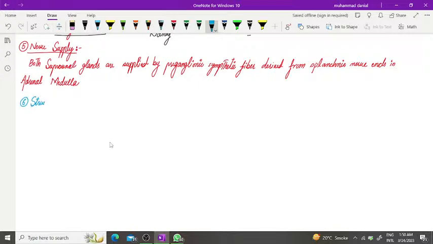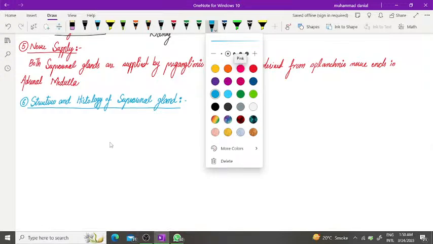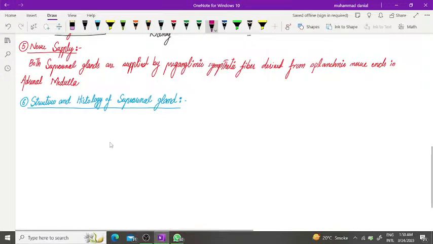Structure and histology of suprarenal gland. Okay, let's draw the different portions of adrenal gland.